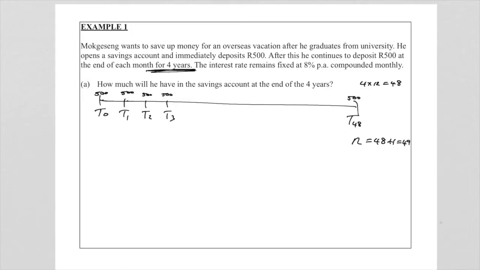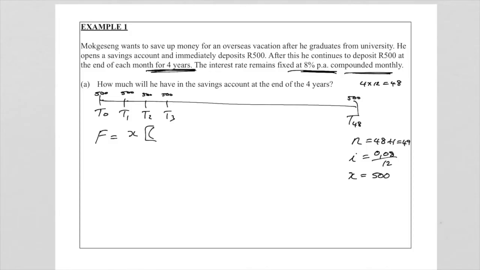So interest rate is 8% per annum, and it's compounded monthly. So we can say I is equal to that 8%. If we take it to a decimal, it's 0.08. And we must put it over 12 because it's a monthly payment. The formula for future value is F equal to X, and X represents your monthly payment. So I can also write it down here that our X is 500 Rand.